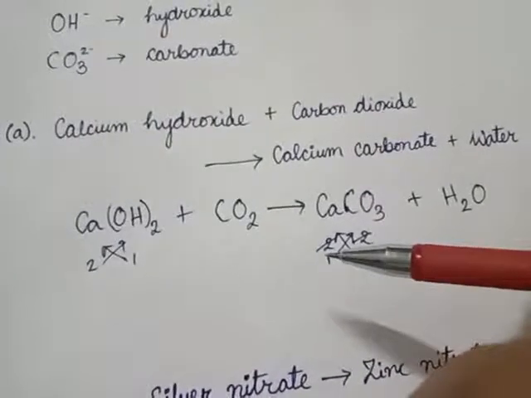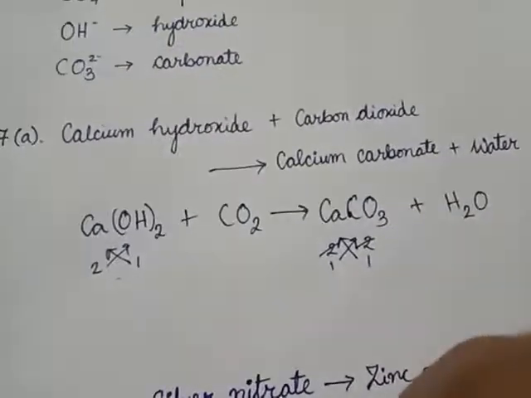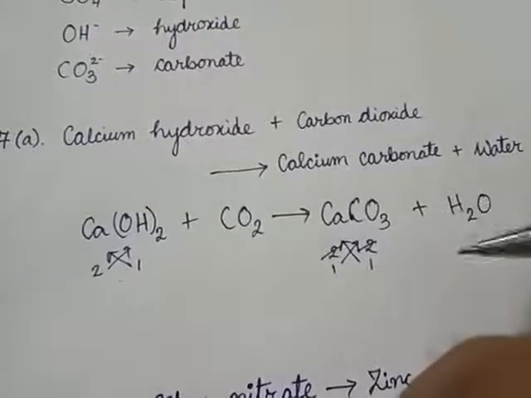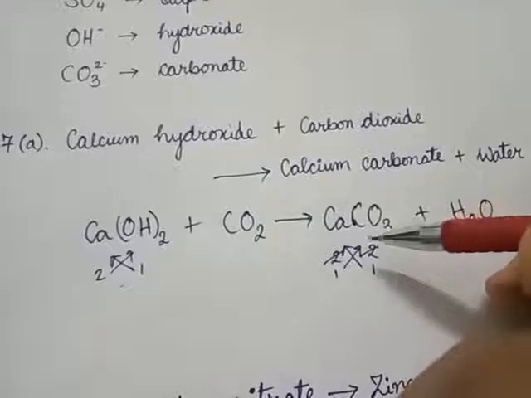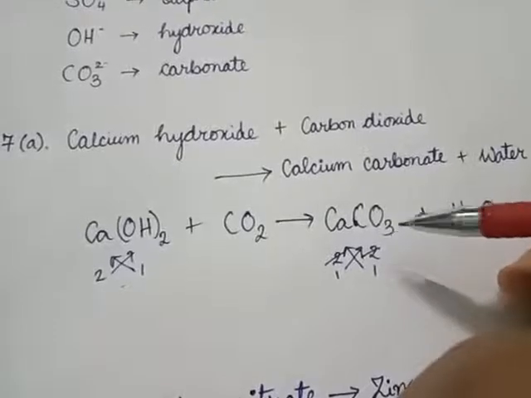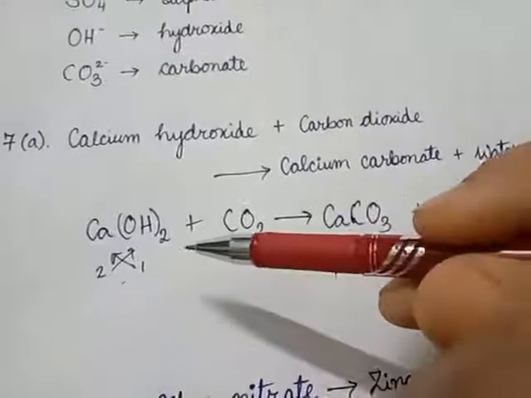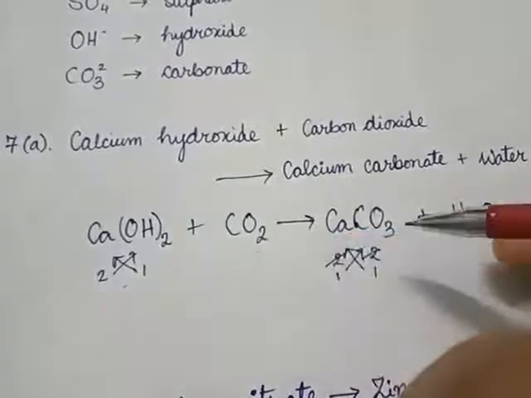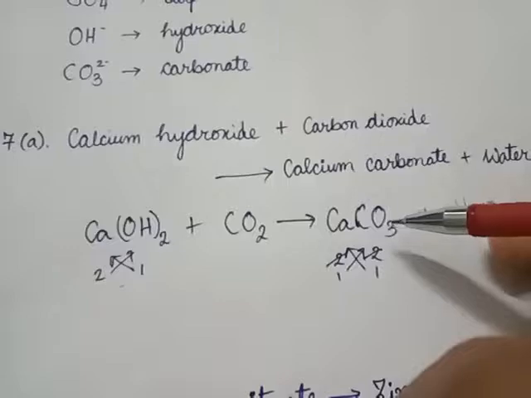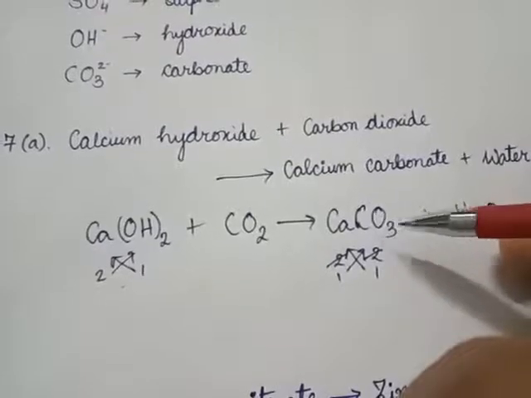To balance it, let us see how we can do it. Here we find that there is a CO3, which stands for carbonate. But on the other side, CO3 is not present as a whole. In such cases, we have to count the number of oxygen atoms individually.